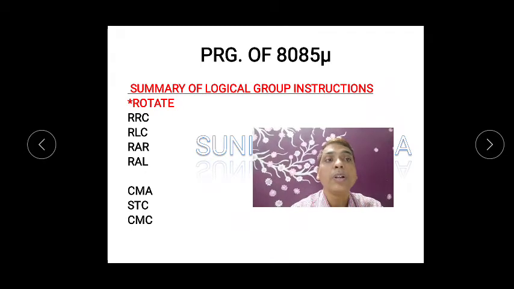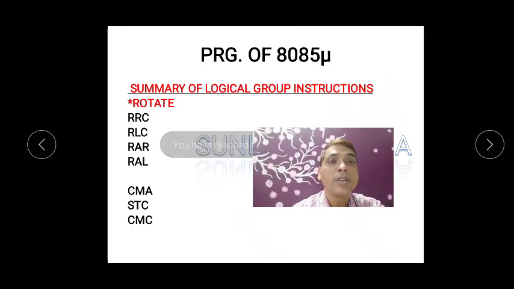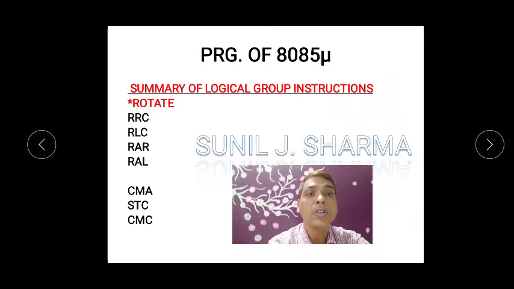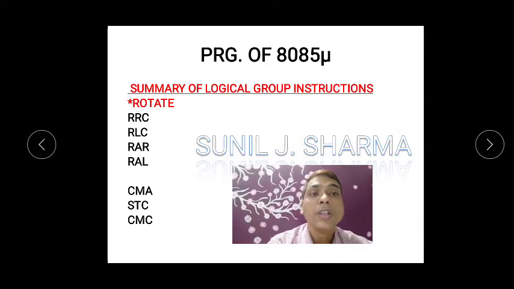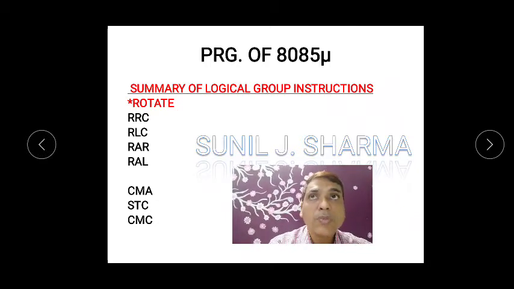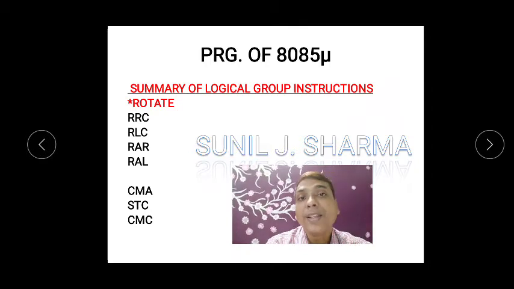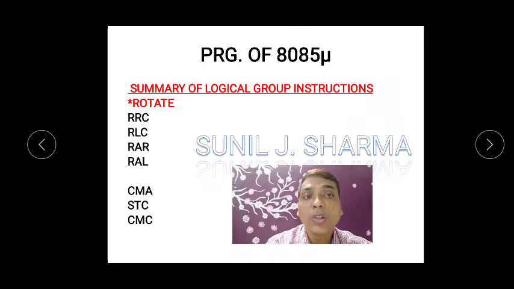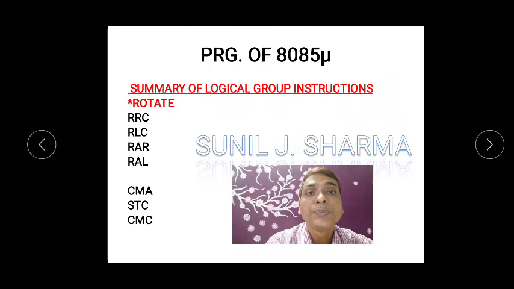I hope you have understood all the logical group of instructions. Till here we have finished data transfer, arithmetic and logical group of instructions. Please go through all the instructions, because only two groups are left, that is the branching group and the machine control or stack operation group.